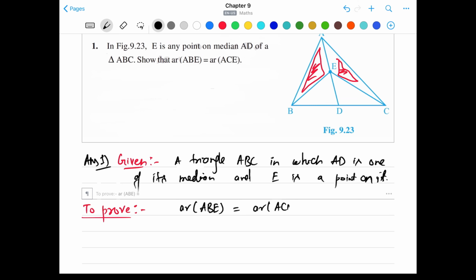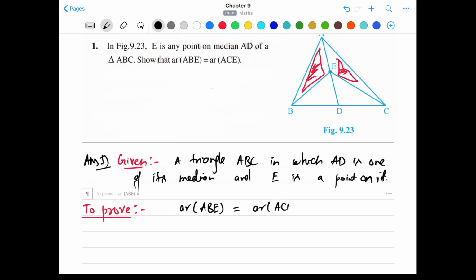Therefore the area of triangle EDB, and the second triangle is EDC, EDB will be equal to the area of triangle EDC.